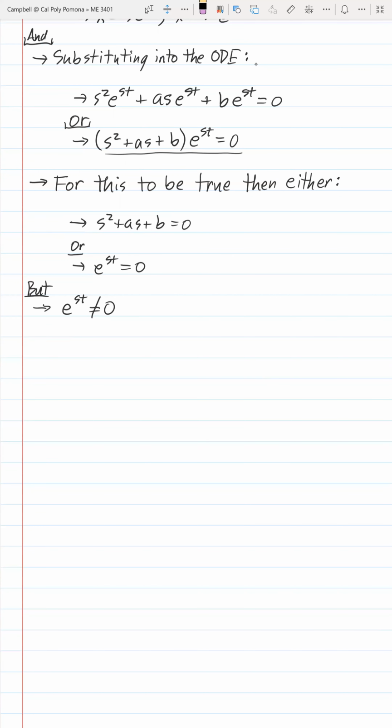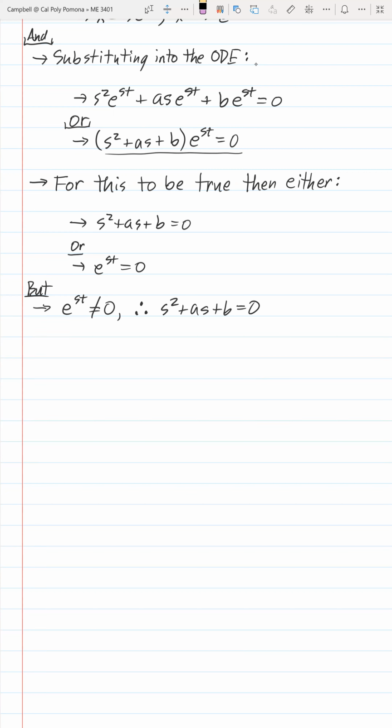So as t goes to infinity, and if we have negative values of s, then sure enough, e to the st can be approaching 0, but it can't identically get to 0. So that means the only thing that makes sense is to have the characteristic equation itself.